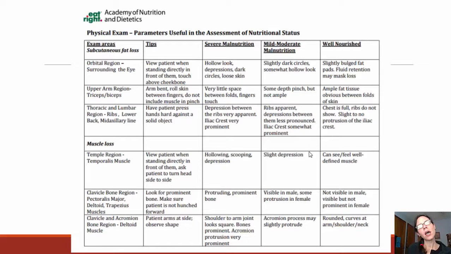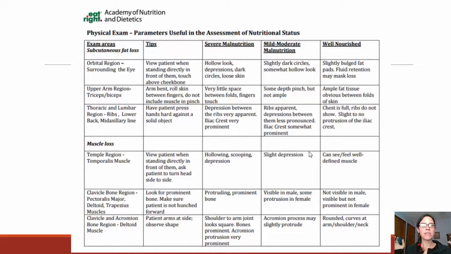Now, I think many of you are exposed to these physical exams for protein or for malnutrition, so I'm just going to go over it very closely. But an increasing trend in dietetics is the physical exam for malnutrition.